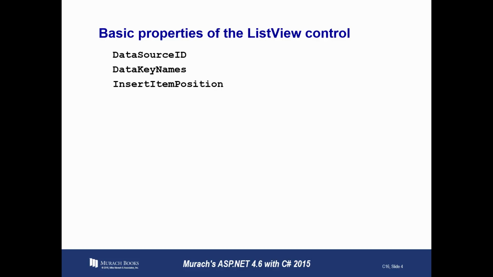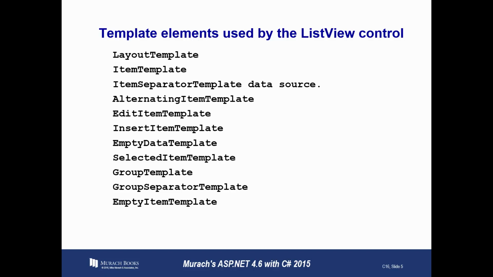In addition, there are a bunch of templates that are used by the list view control. The layout template for the layout of the control, the item template for each item, the item separator template, how you separate the individual items, the alternating item template if you're using zebra striping, the edit item when the row is being edited, the insert item for inserting a row, the empty data template when the data source is empty, the selected item when the row is selected, the group template if you want to define a group layout, the group separator template if you want to separate the groups, and the empty item template for empty items in the group.